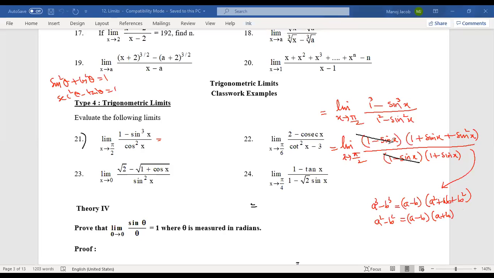After that, wherever x is there, replace all x by pi by 2. That became (1 plus 1 plus 1 square) upon (1 plus 1), so 3 by 2.